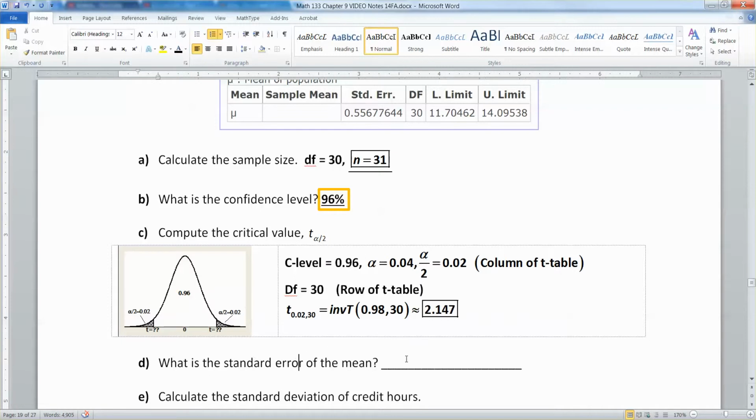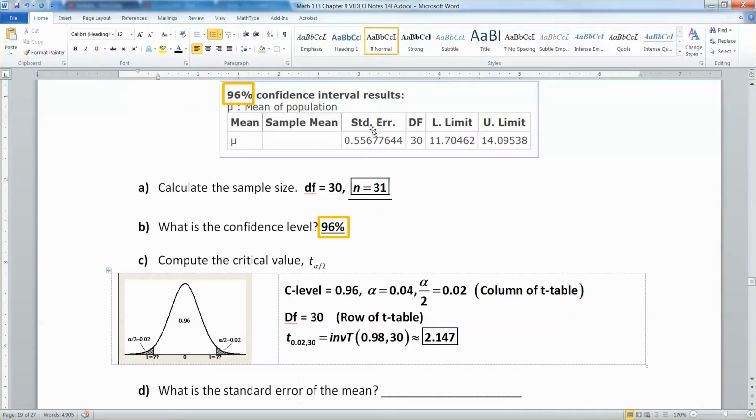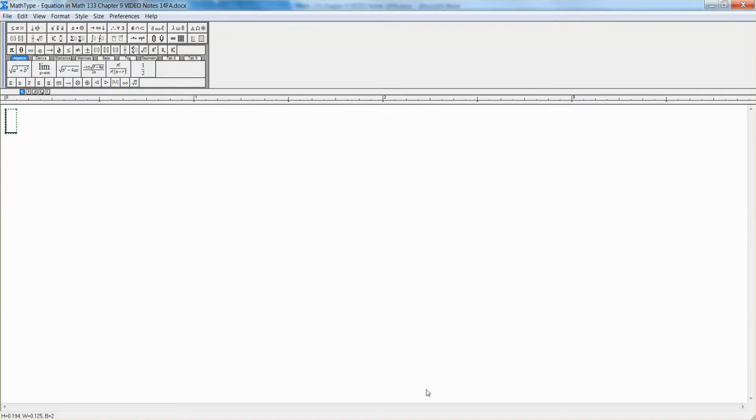All right, now what is the standard error of the mean? Well, the standard error is given right there, 0.556776644. So let me write that out. Standard error of x bar. Remember, that's the notation for it. Or you could call it sigma x bar.